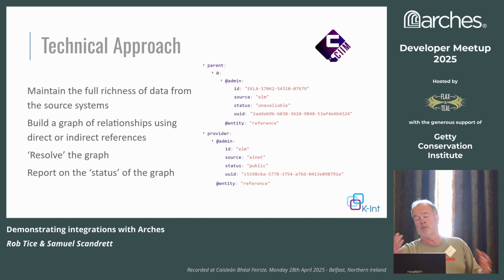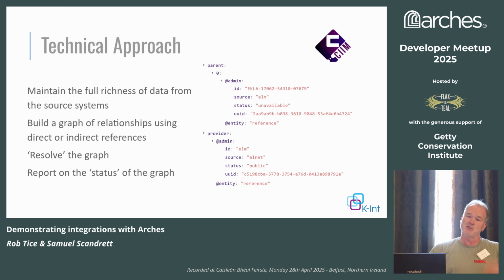One of the things it has to handle, if you're thinking about the integrations, is things that are missing. You don't necessarily know how one system is going to relate to another system, or how the data is going to be in Archers, etc. So it has to build a graph internally, and it has to understand the status of the graph, because it can say, "I've got a reference to this thing, but it doesn't exist at the moment."